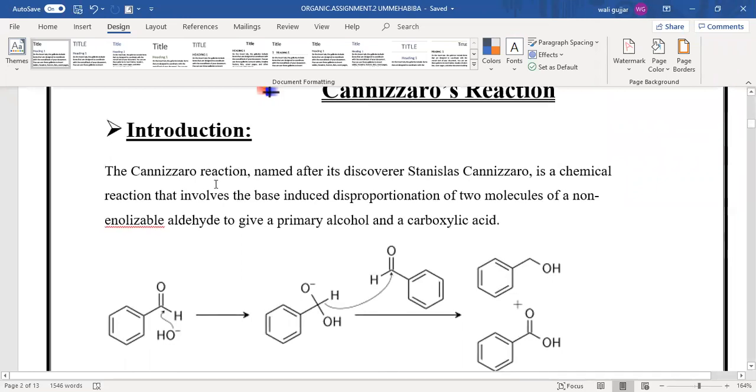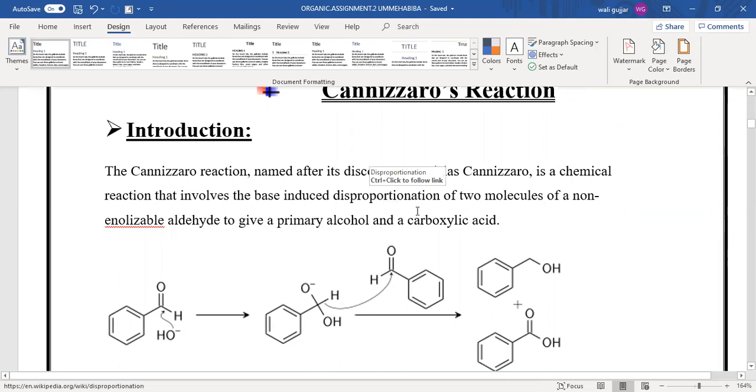The Cannizzaro reaction, named after its discoverer Cannizzaro, is a chemical reaction that involves the base-induced disproportionation of two molecules of non-enolizable aldehyde to give a primary alcohol and a carboxylic acid. Like in this reaction, you can see disproportionation of two molecules is occurring.